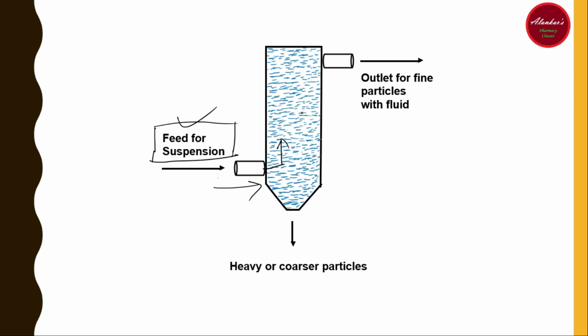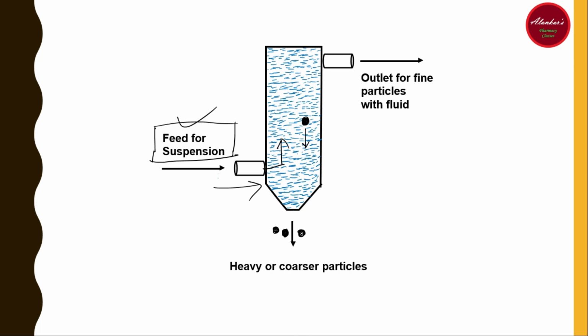The particles having more velocity, the coarser particles, having more velocity than the vertically moving liquid, will settle down towards the bottom of this container and can be collected from here. So in this way, we can separate the coarser particles.